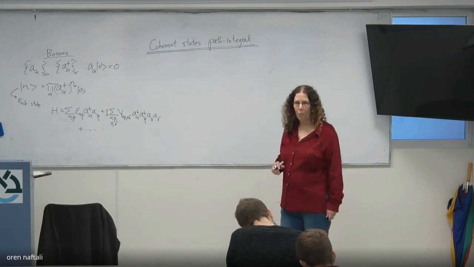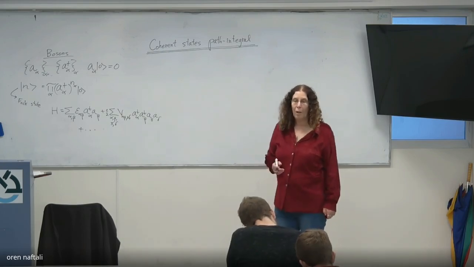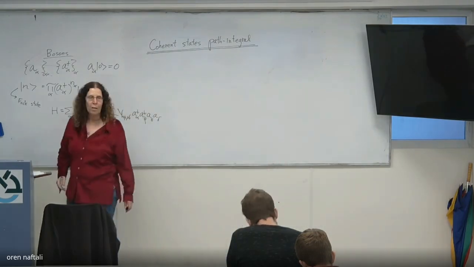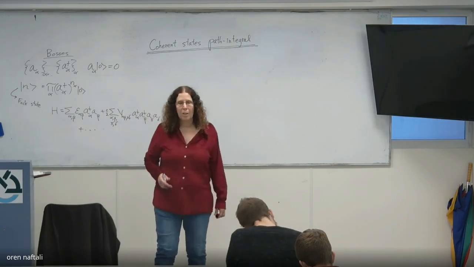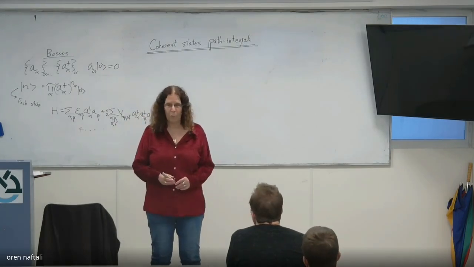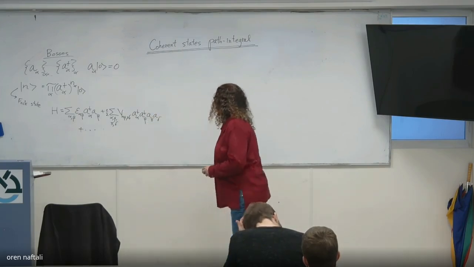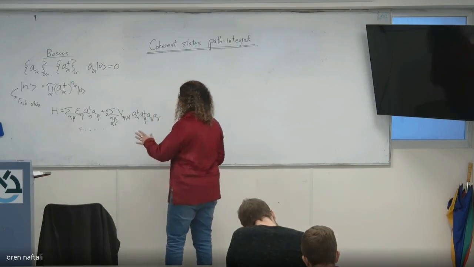So therefore, when you apply it on the vacuum, you get 0. And therefore, a normal ordered operator does not have a vacuum expectation value. Okay? Right. So this is just a reminder.